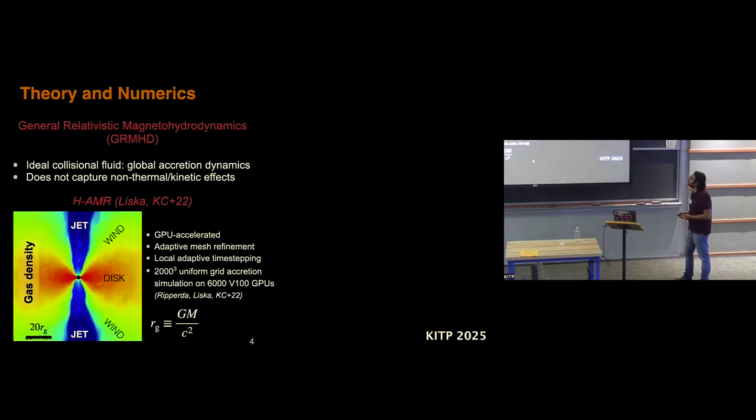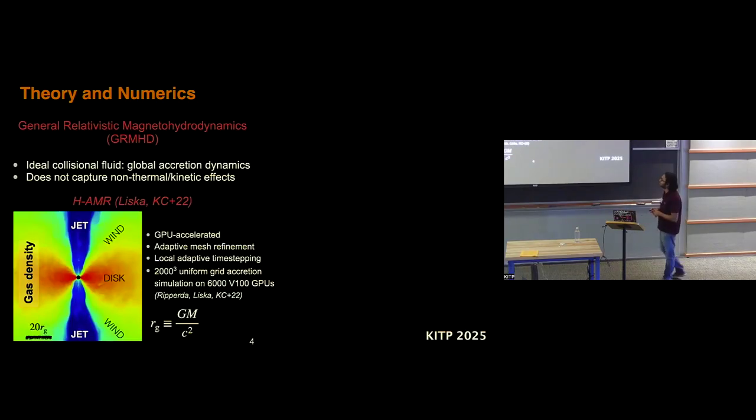This is just an overview of my code. It is an ideal fluid code, MHD. It's GRMHD, but in this particular problem I neglect the GR and just have special relativistic MHD. Of course, because it's MHD, I cannot capture any kinetic effects. Some perks of this code are that it is GPU accelerated, so you can really push up your grid resolution and also go to pretty long timescales.